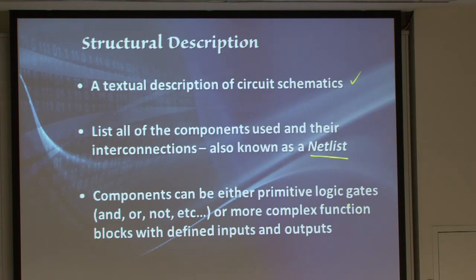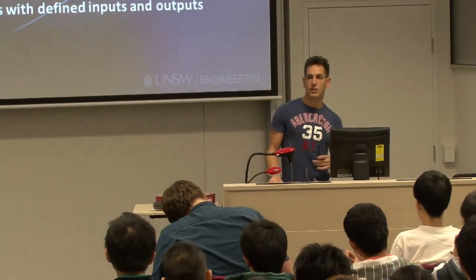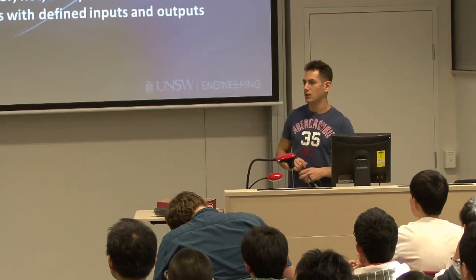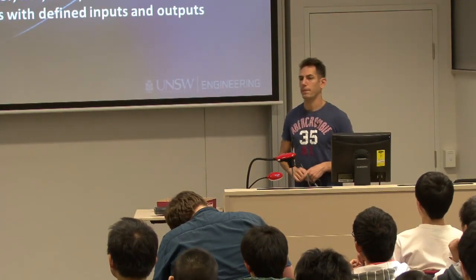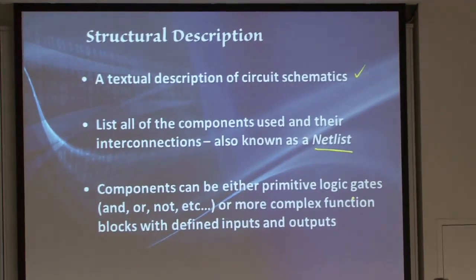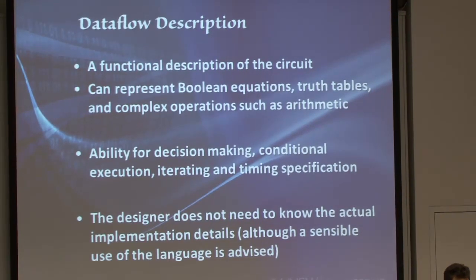For example, you might design your own decoder, enclose it in a module, or a black box if you want to think about it that way, and then instantiate this decoder and say, I want to use this decoder, these are the inputs, these are the outputs. And then you can build on top of smaller subsystems that you build. So that's all in the structural description.